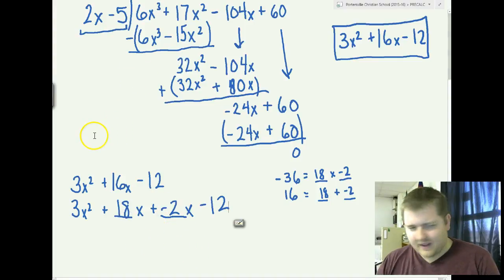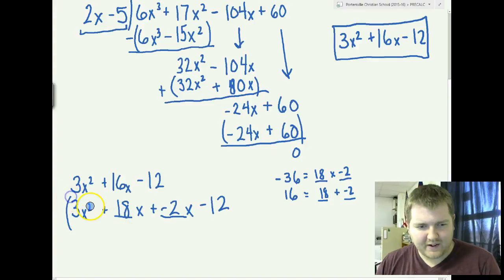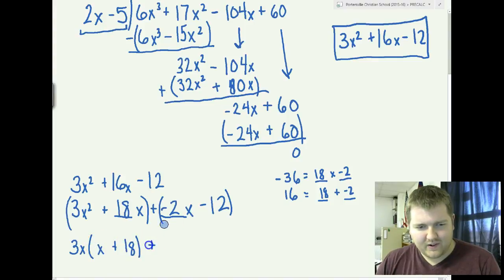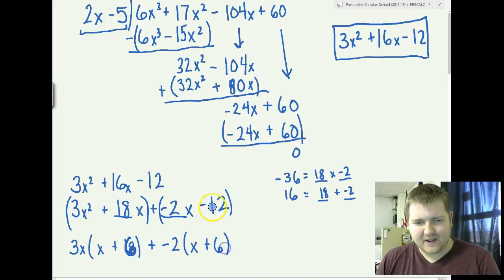So now I can factor this by grouping. I can take a 3x out, and I'm left with x plus 6, since I'm taking a 3 out of 18. And on this one, I get negative 2 times x plus 6, since I'm taking a negative 2 out of negative 12.